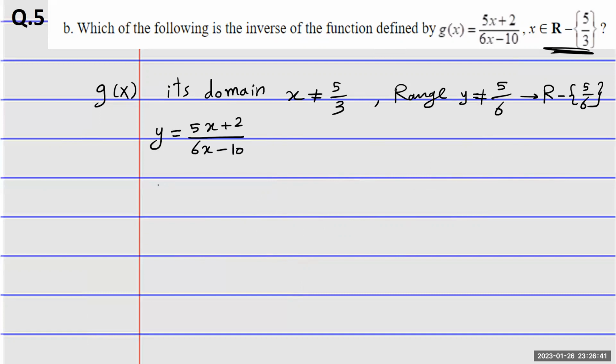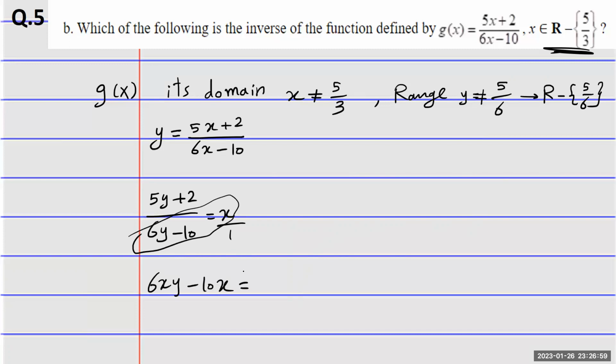Then write 5y plus 2 over 6y minus 10 is equal to x. After that, make a cross multiplication, just like this: 6xy minus 10x is equal to 5y plus 2.